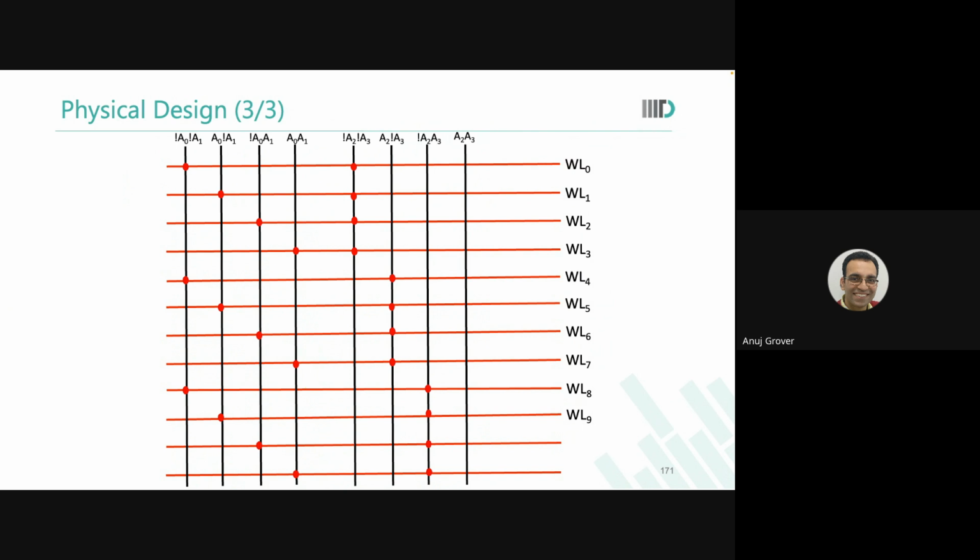I'll have to create some mask. There will be some oxide here or something, something which will not let ions that are being implanted enter into my substrate region. At the other time, I will just replace this and I will have the mask on the other side and I will dope the other side. But I need these masks.